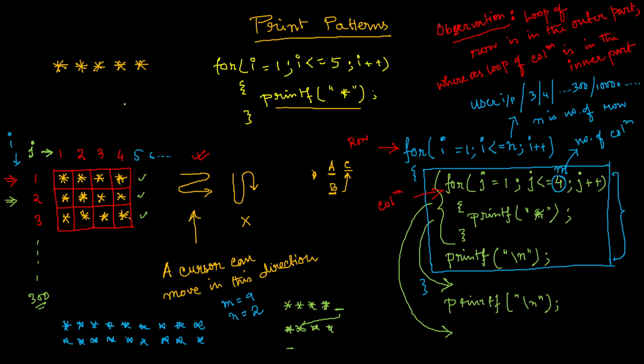So one thing is clear, that in each and every row the number of stars is not the same, unlike what we have seen in the previous case. If I want to follow the same approach, then I have to make a matrix first. So let's make a matrix first.